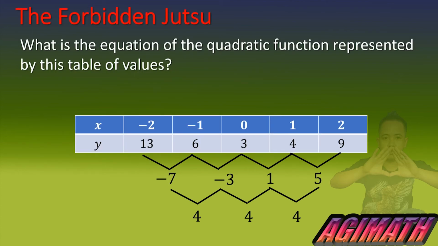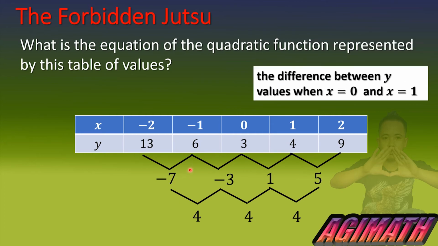So going back to the table, after finding the second differences, let's have this one. What's the difference between y values when x equals 0 and x is equal to 1? To put emphasis, when x equals 0, this one, and when x is equal to 1.